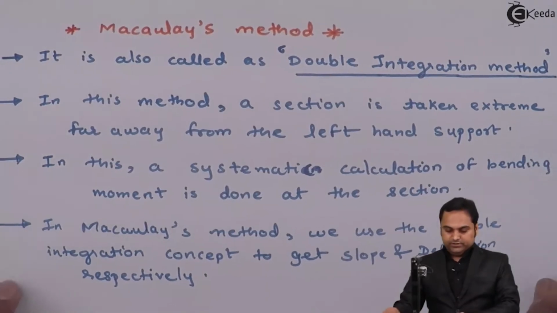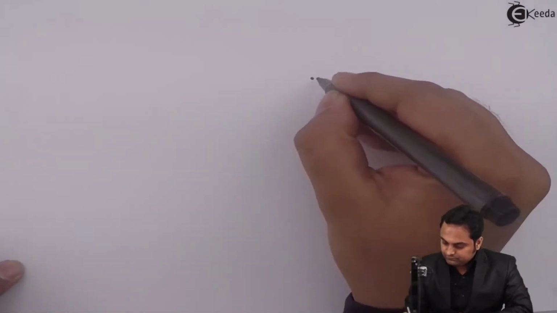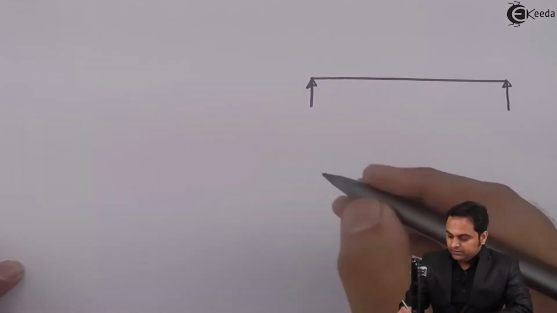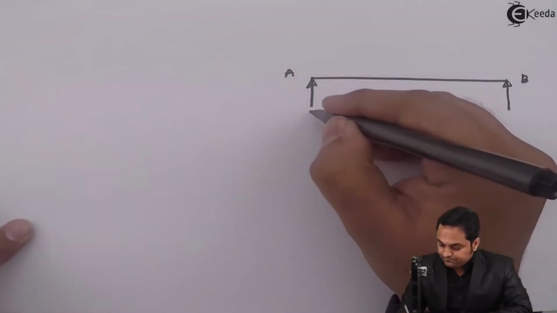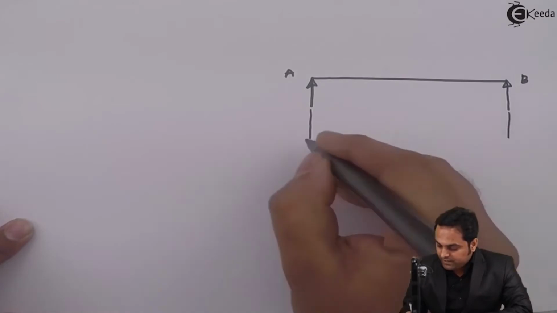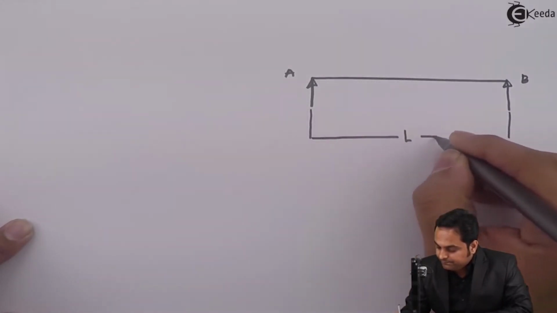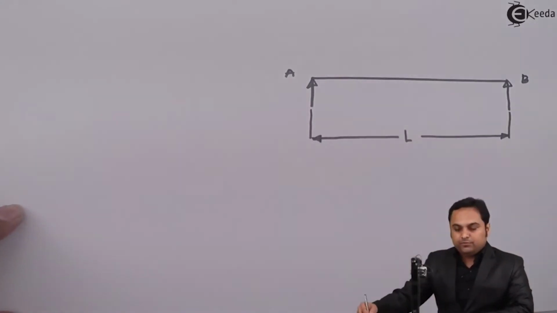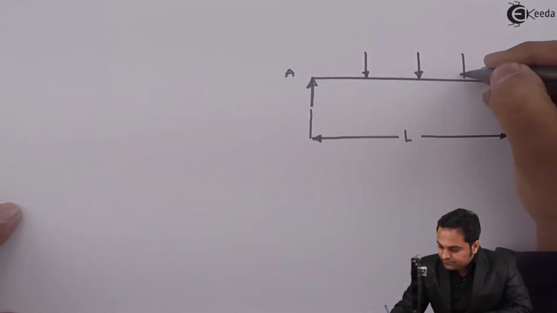Next, let me explain that with the help of a diagram. Here I am considering a simply supported beam having length L. Then on this simply supported beam, there are three loads.